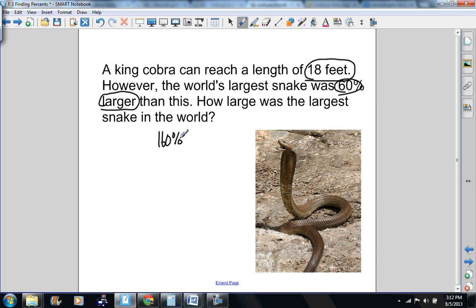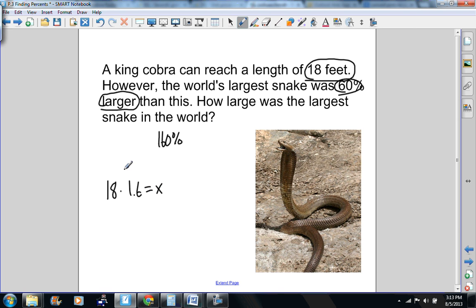Now, if you just wanted to multiply 18 times 60% and then add it on at the end, that's also correct, but I'm going to do it this way because it's similar to what we've been doing. So it's 18 times 1.6 equals our x.